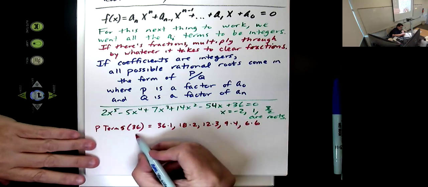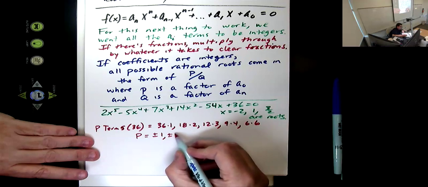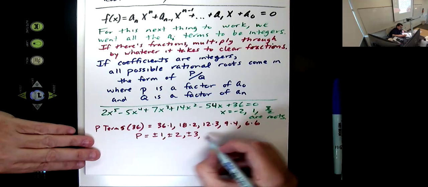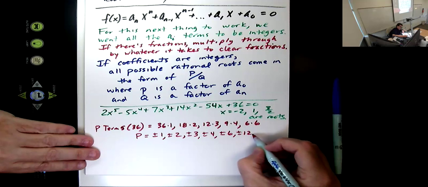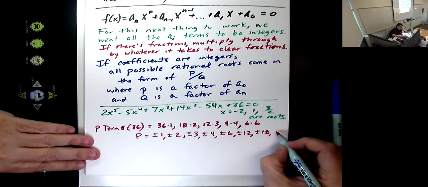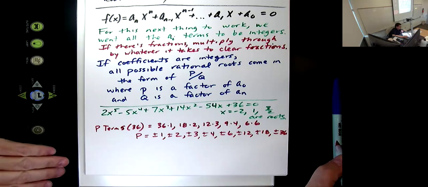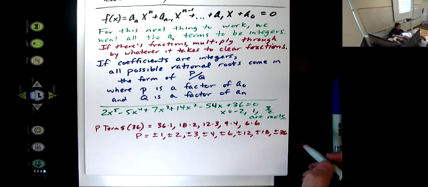So I'm going to say P has plus or minus 1, plus or minus 2, because it can be the negative version as well, plus or minus 3, plus or minus 4, plus or minus 6, plus or minus 12, plus or minus 18, and plus or minus 36. There's a long list of things it could possibly be. All of these numbers are factors of 36, right?